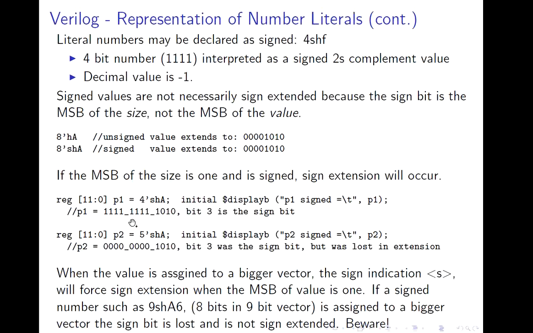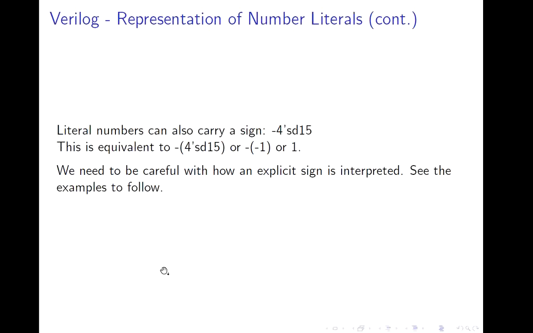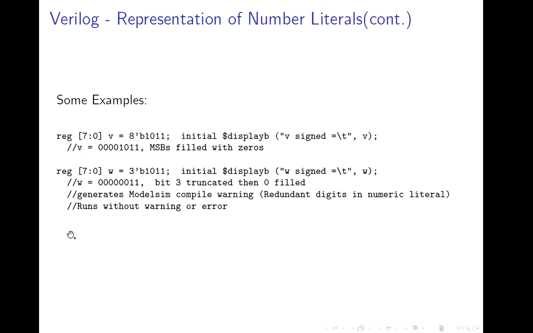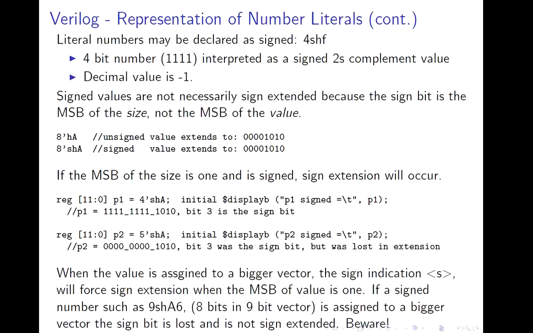Now we'll have one more example. Now look here. If the MSB of any particular signed number is 0, then sign extension will occur with respect to that value.